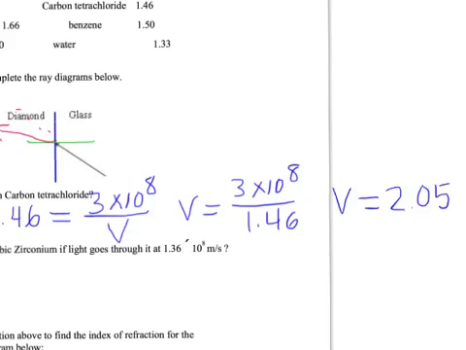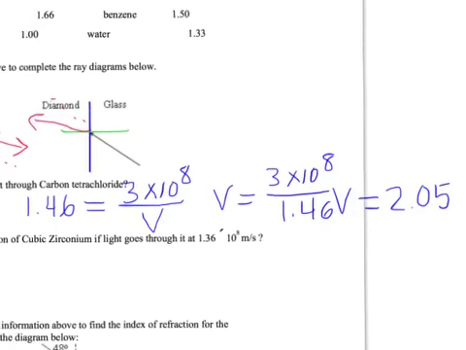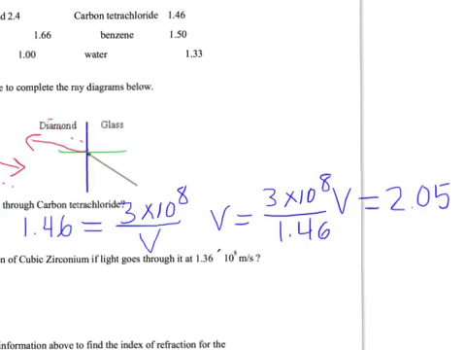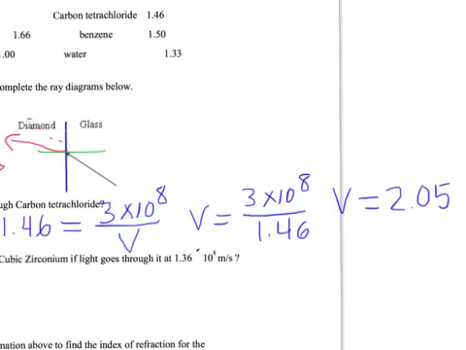We need more room. Darn it. Alright, I'll do it right down here. It's 2.05 times 10 to the 8th. So instead of 3 times 10 to the 8th, it's 2.05 times 10 to the 8th.